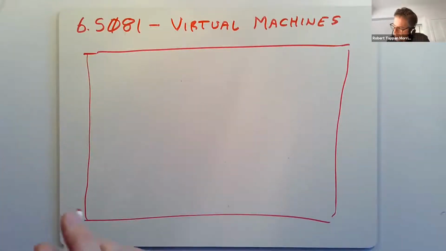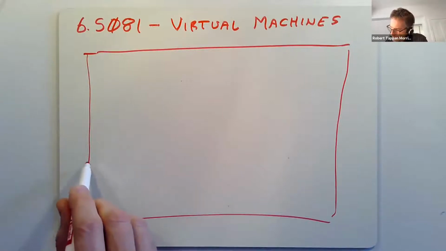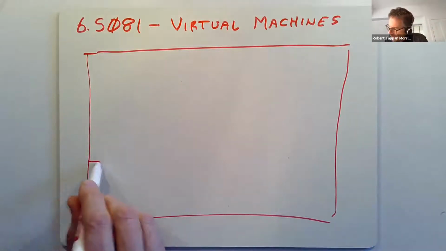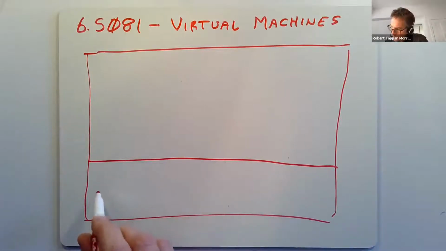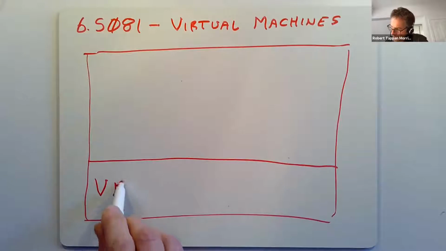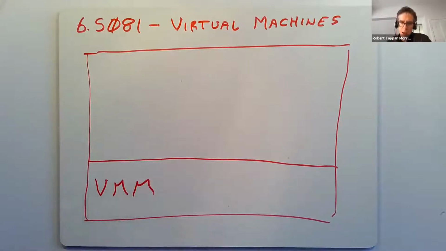The way I'm going to talk about it is that down at the lowest level, sitting on top of the hardware, we're going to imagine a virtual machine monitor, or VMM. And this more or less takes the place of a standard operating system kernel.